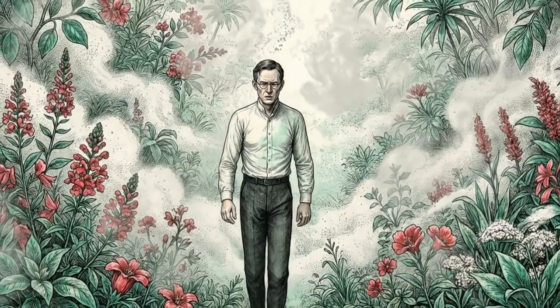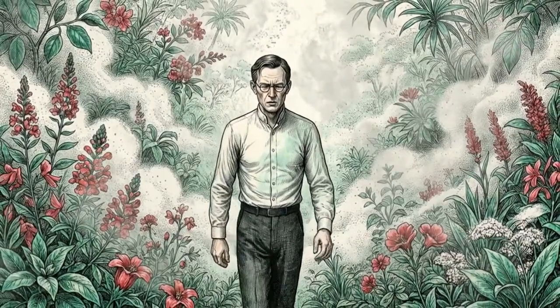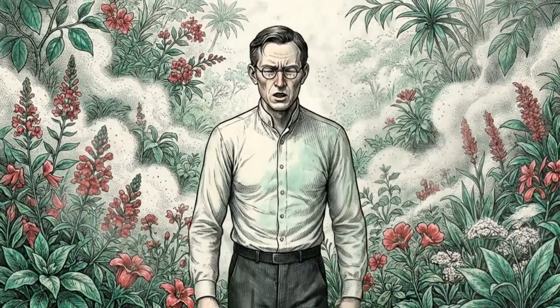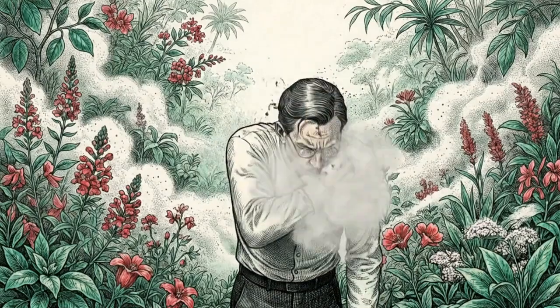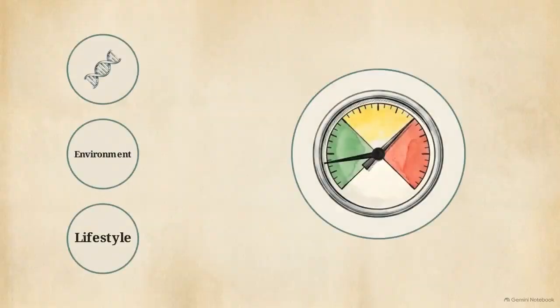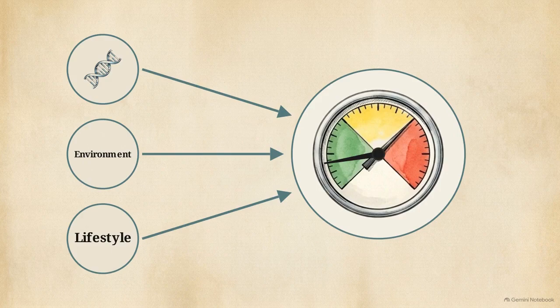The third dimension is diathesis. This refers to an underlying constitutional tendency or susceptibility towards specific pathological reaction patterns. This diagram illustrates the mechanics of modern susceptibility assessment, processing inputs like genetics, environment, and lifestyle. For our accountant, we input his family history of asthma and eczema.